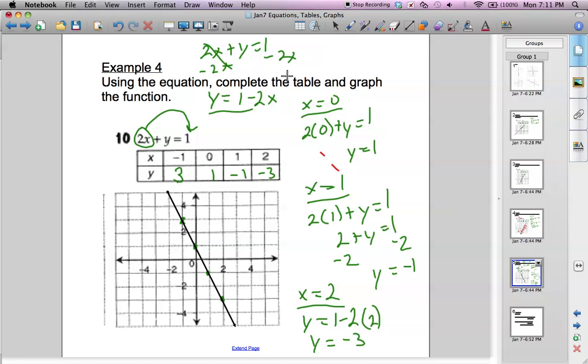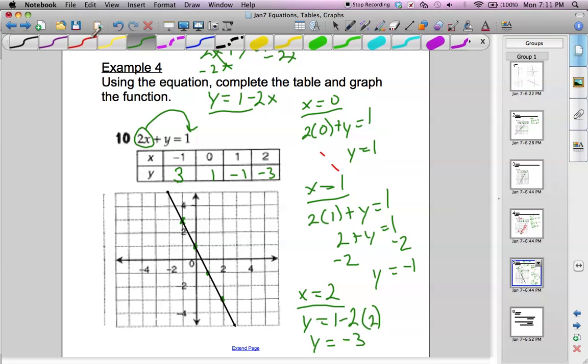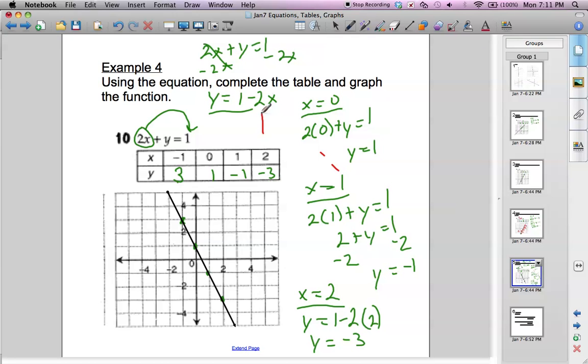Okay, so if you look at the coefficient of x in our equation that's solved for y, notice that the coefficient is negative 2. That means that for each x we go over, we're going down 2. Okay, so the slope of this line is negative 2, which is the same number in front of the x here, and this value is 1.